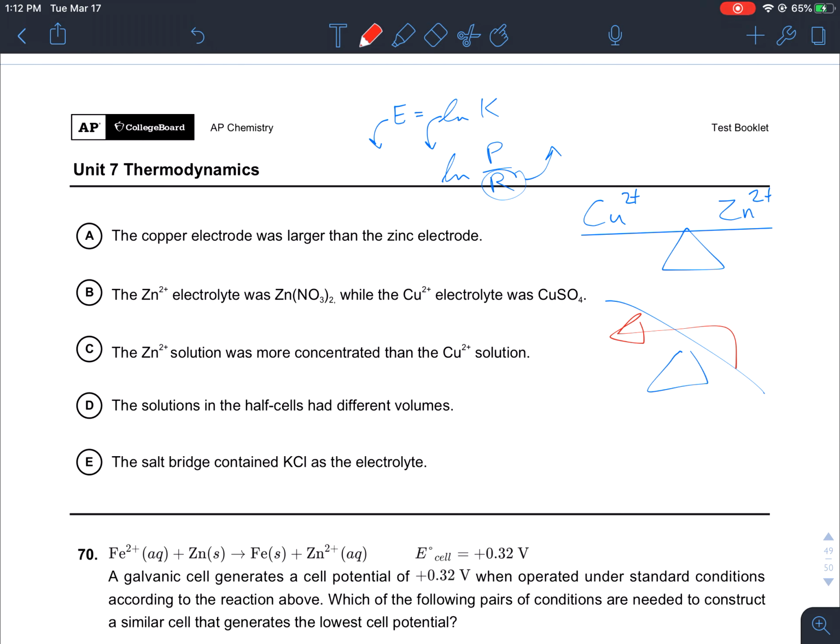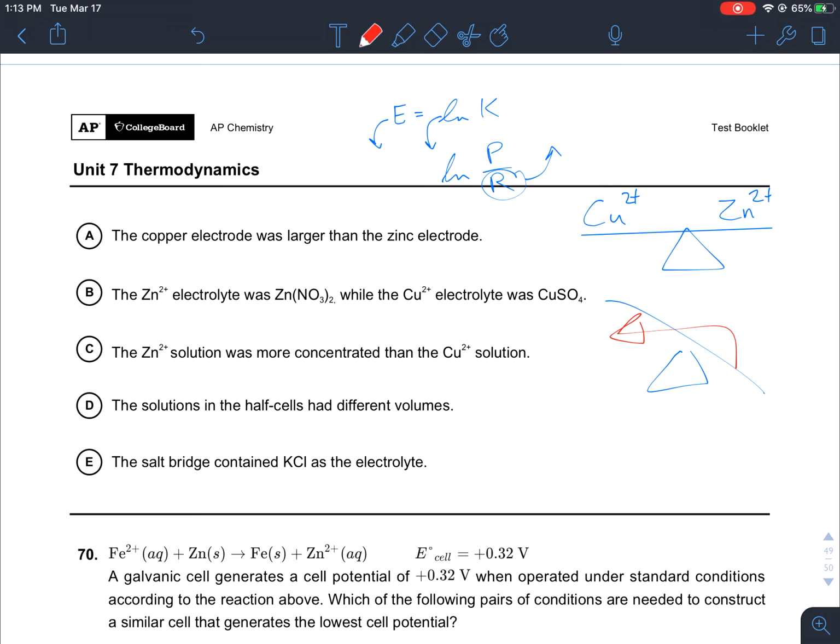The copper electrode was larger than the zinc electrode. No, neither of those are part of the equilibrium because they're both solids. The Zn2+ electrolyte was... well, I don't understand. The Zn solution was more concentrated than the Cu2+ solution.